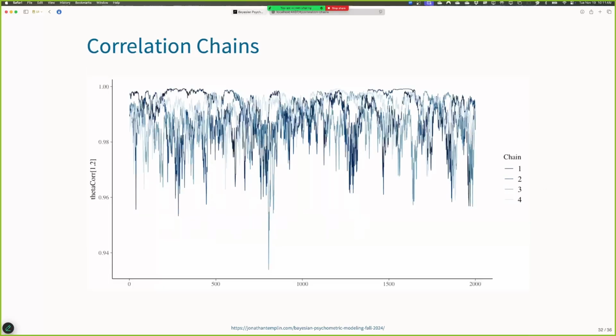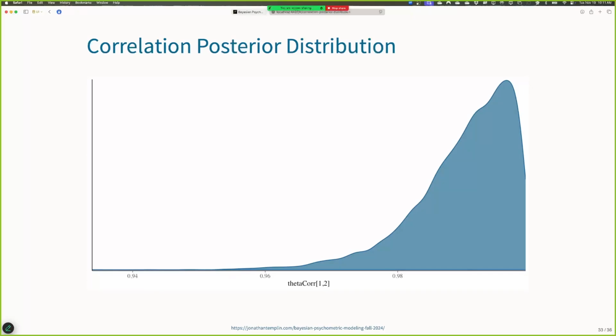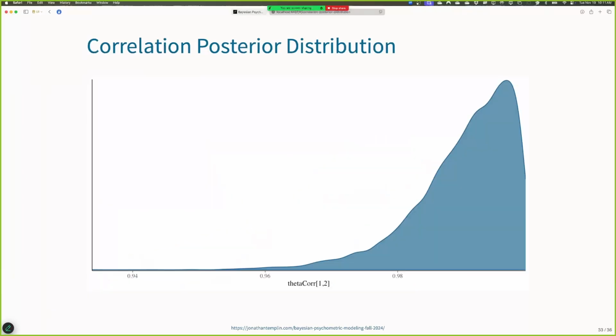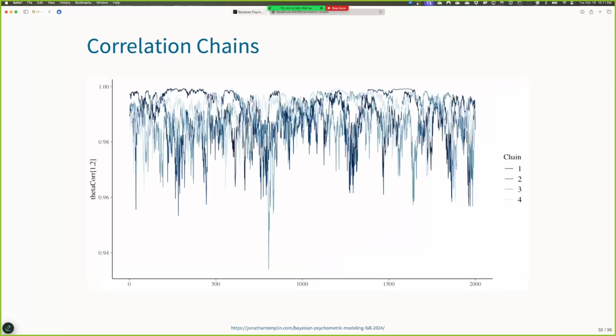All right. Looking at that correlation, here's our Markov chain for the correlation. That does not look converged, does it? Probably not. Our correlation here goes from 0.94 to 1, but we don't like to see that. And that is our posterior distribution. And if you wanted to look at this a little bit more, let's play around a little bit.